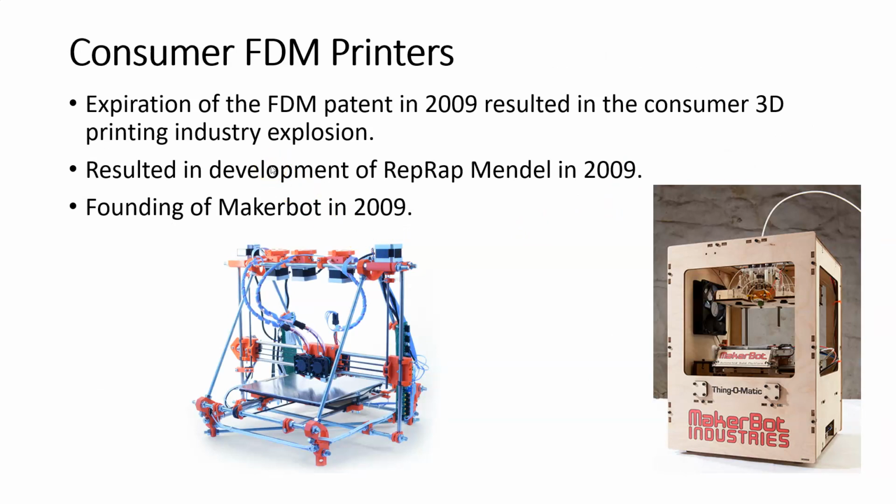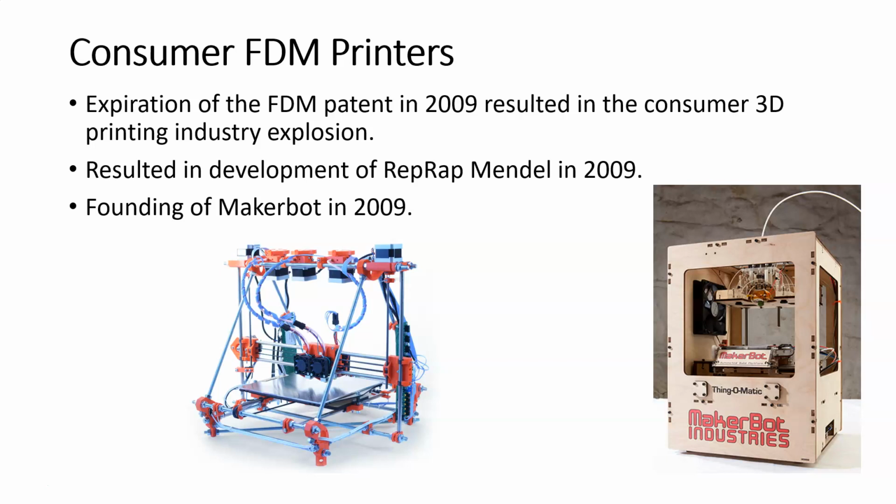And so that leads us to the advent, or the kind of explosion, of the consumer FDM or plastic 3D printing marketplace, right? The expiration of the FDM patent in 2009 resulted in the consumer 3D printing industry explosion.